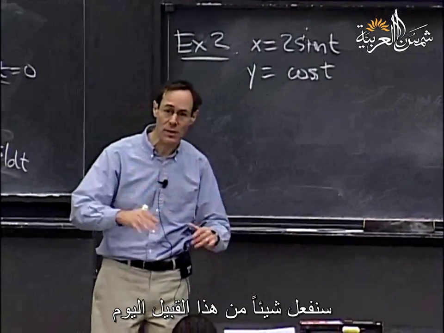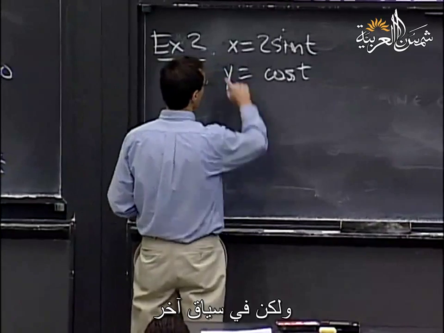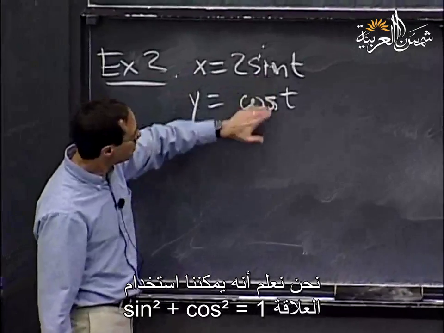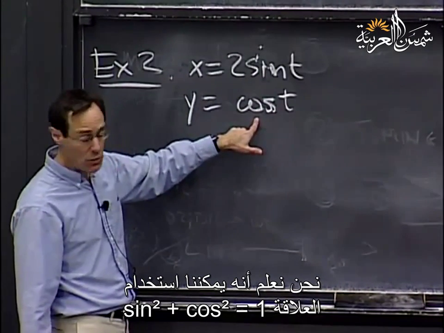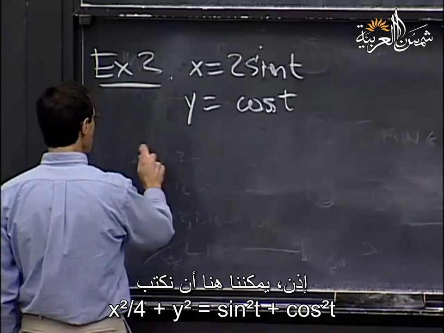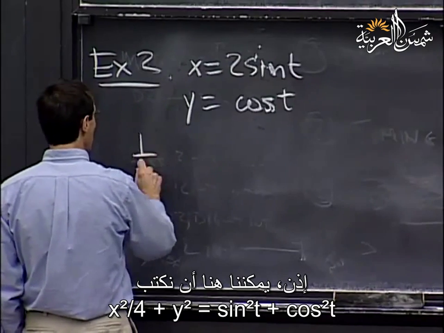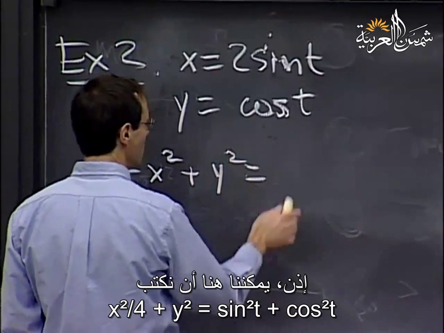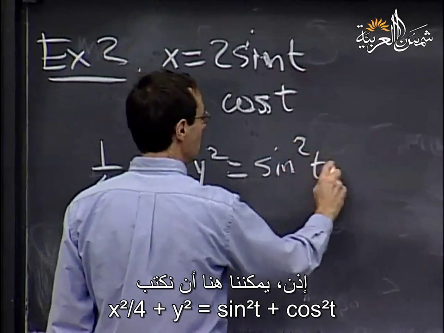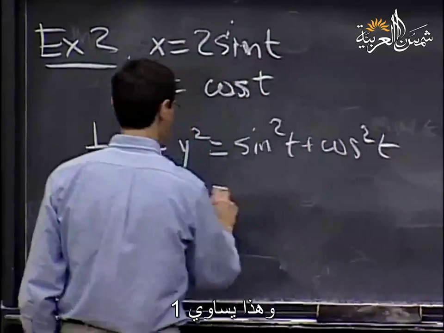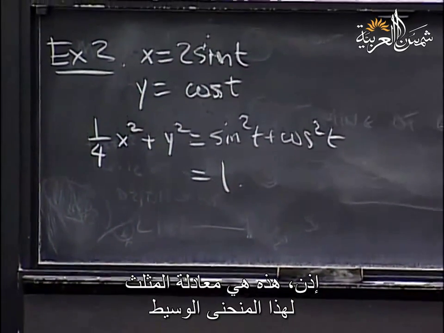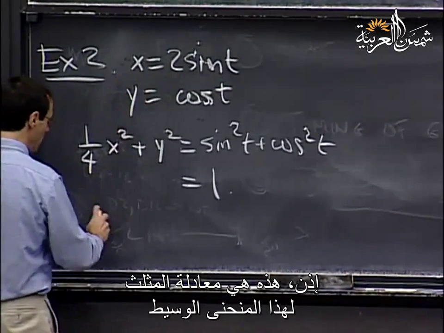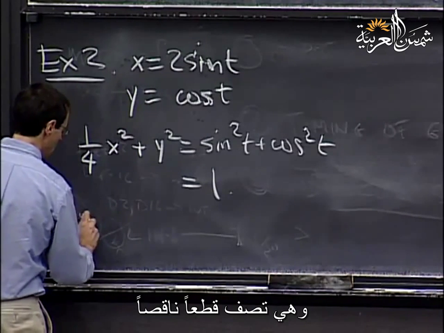And we'll be doing a certain amount of this today in another context. But right here, to see the pattern, we know that the relationship we're going to want to use is that sine squared plus cosine squared is equal to 1. So in fact, the right thing to do here is to take 1/4 of x squared plus y squared. And that's going to turn out to be sine squared t plus cosine squared t, which is 1. So there's the rectangular equation for this parametric curve. And this describes an ellipse.